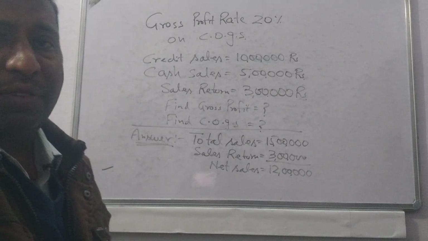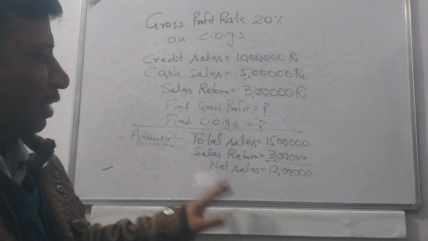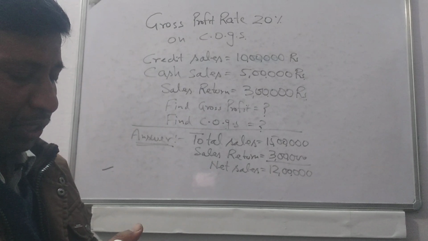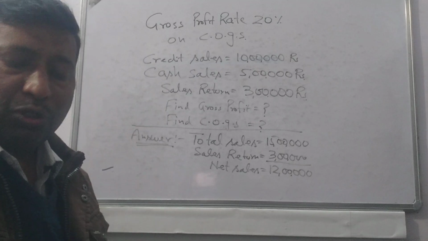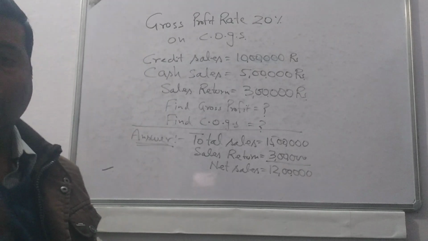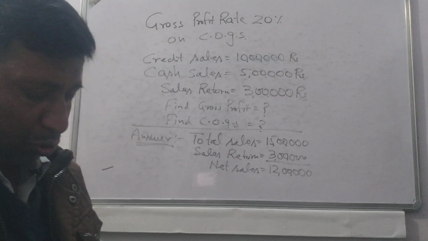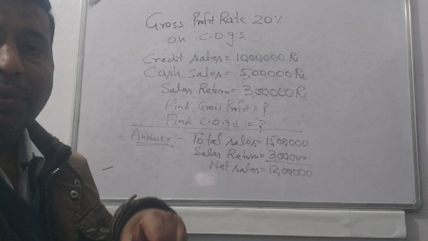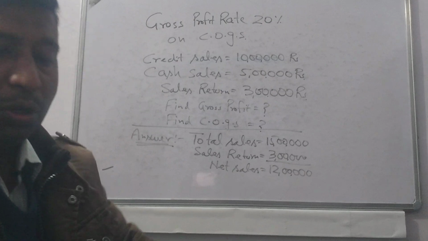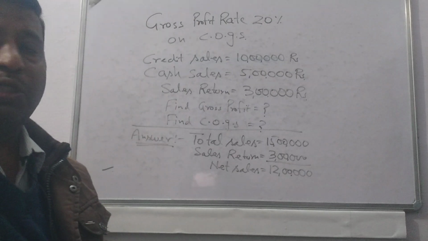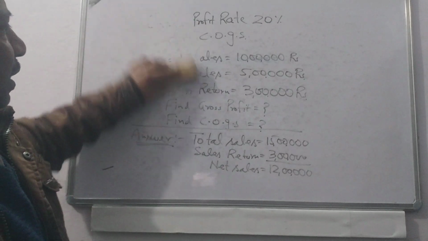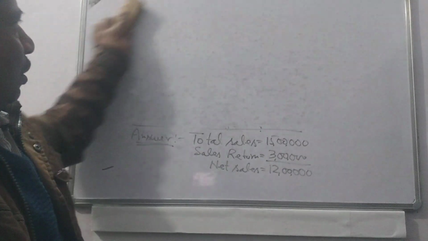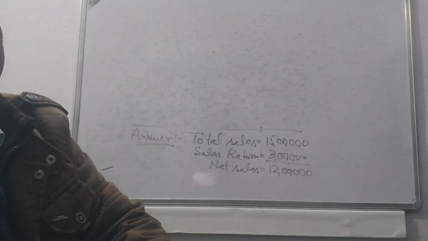So first of all, we have the detail of 12 lakh rupees net sales. Thereafter, we need to calculate COGS. For that, we need some space on the board, so I am erasing a few things.